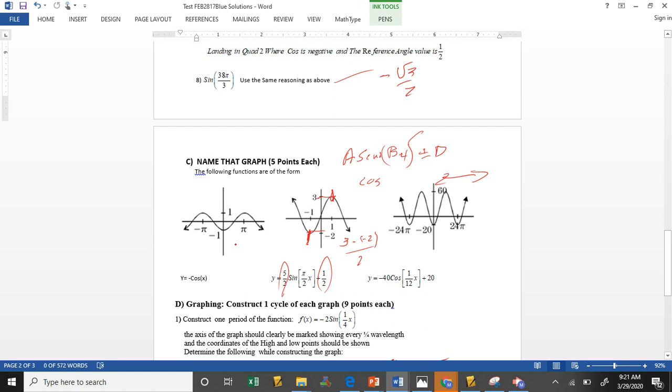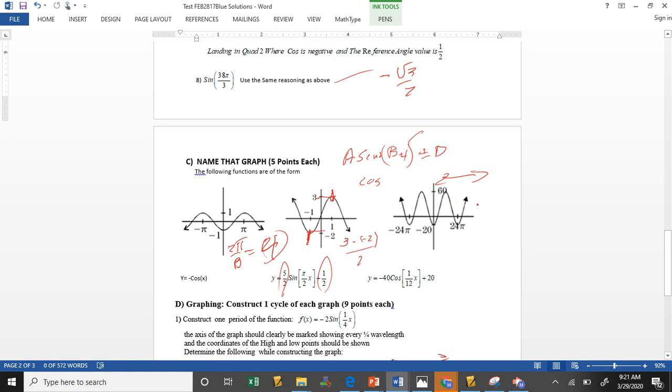So I got 2 pi over b equaling 2, which means that b must equal, no, I'm sorry, it's equal to 4 actually, because this is half a wavelength of 2 units, so the whole wavelength is 4 units. So 2 pi over b is 4, and then you solve that and you get b is pi over 2.